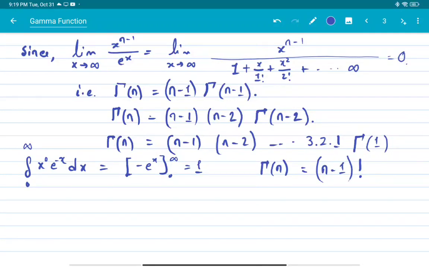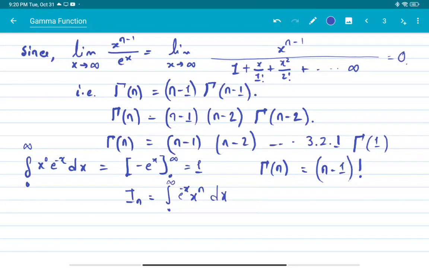I hope you would be able to solve it if it is of the form: the integral from 0 to infinity of e to the power minus x times x to the power n dx.